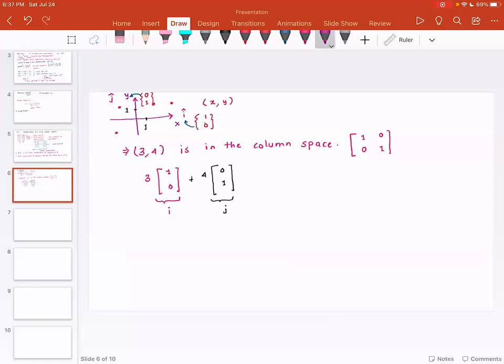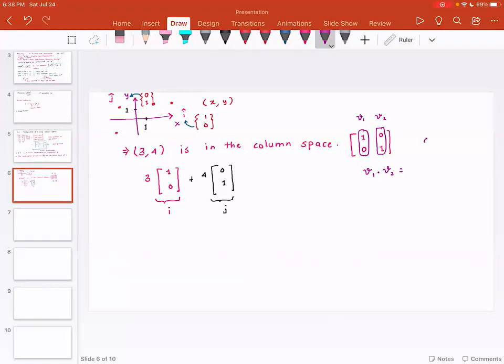Now, it is interesting to point out at this point that this first vector is orthogonal to the second vector, which means if I were to take v1 times v2, which is nothing but the dot product.